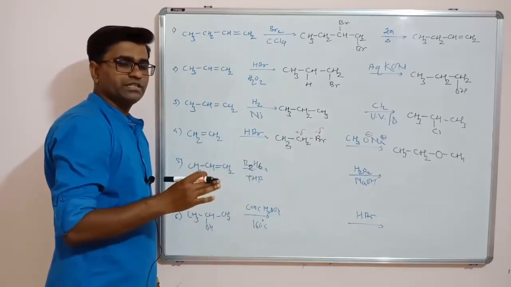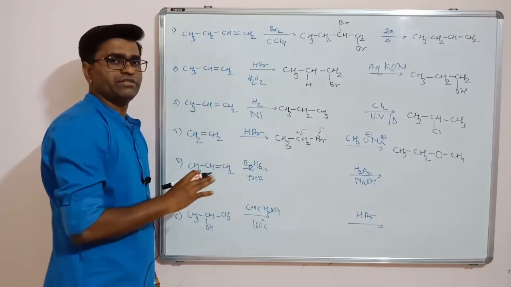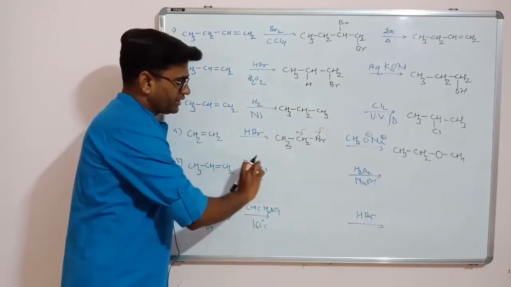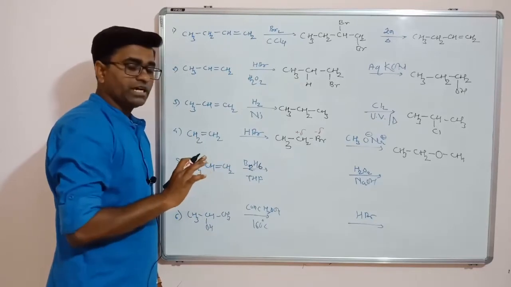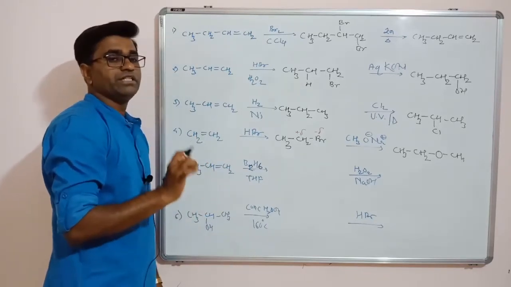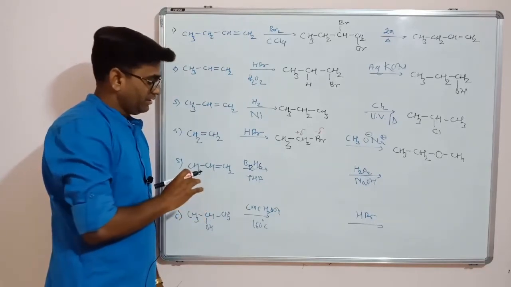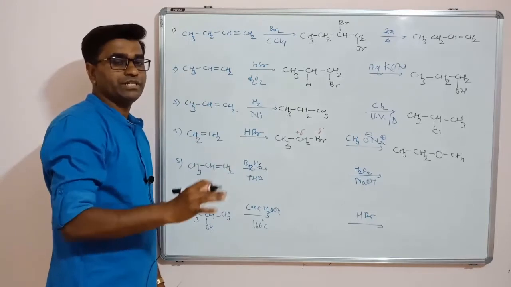Instead of B2H6 they may provide BH3, that is just borane. The reaction will be the same. So this reaction is hydroboration. One of the double-bonded carbons will get hydrogen, while the second double-bonded carbon will get boron, and the remaining things will be the same. So that is called the hydroboration reaction.